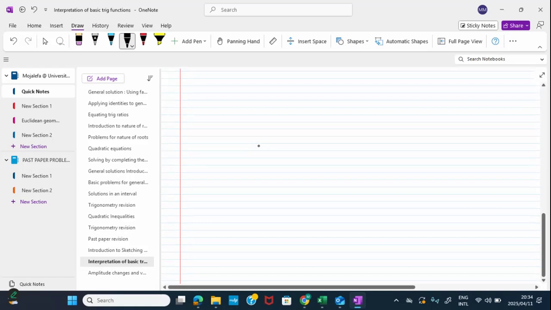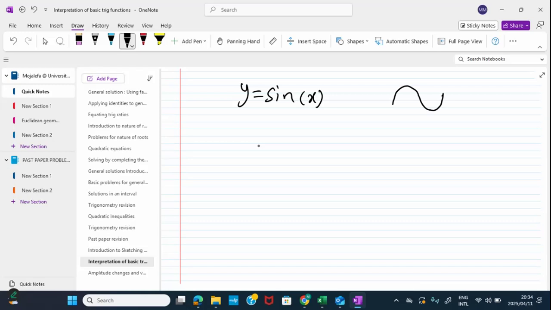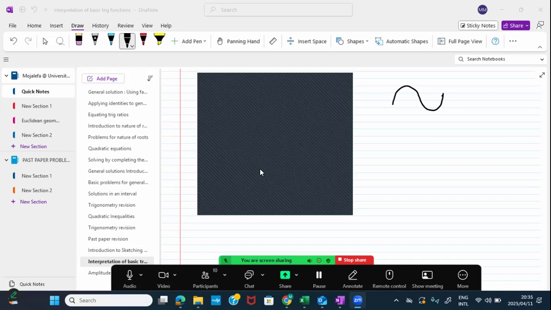Remember that you have this graph, y is equal to sine x. What is the shape of this graph? It looks something like this, right? Guys, you are not talking.